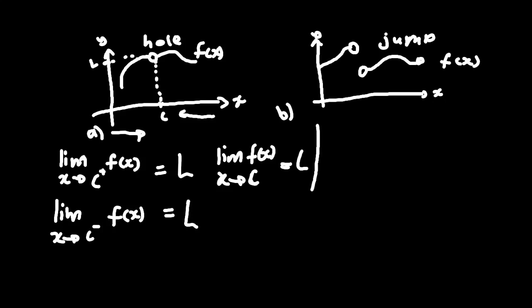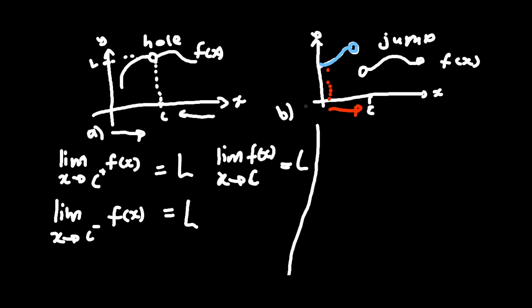What about figure B? If I'm coming from this side, which is my right side, and approaching c, let's say this is our c here. What will be the limit? As I'm approaching from this side, I have to use this portion of f at x, the portion of the graph where f at x is defined.